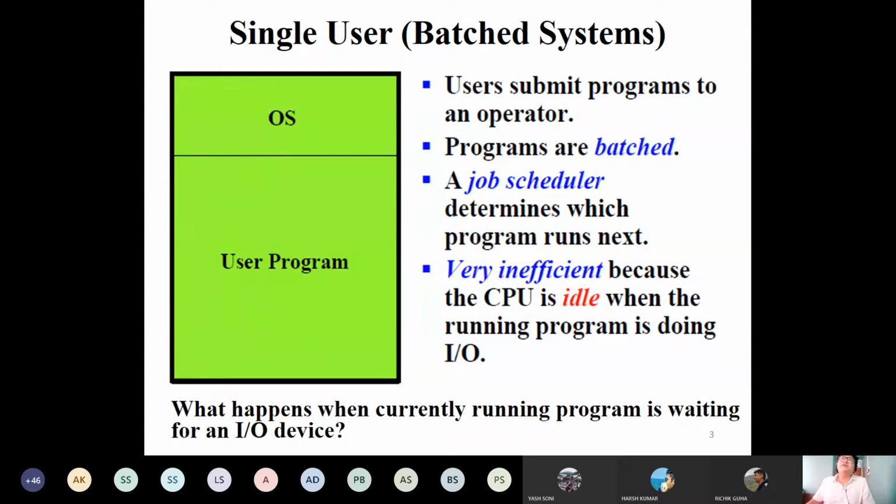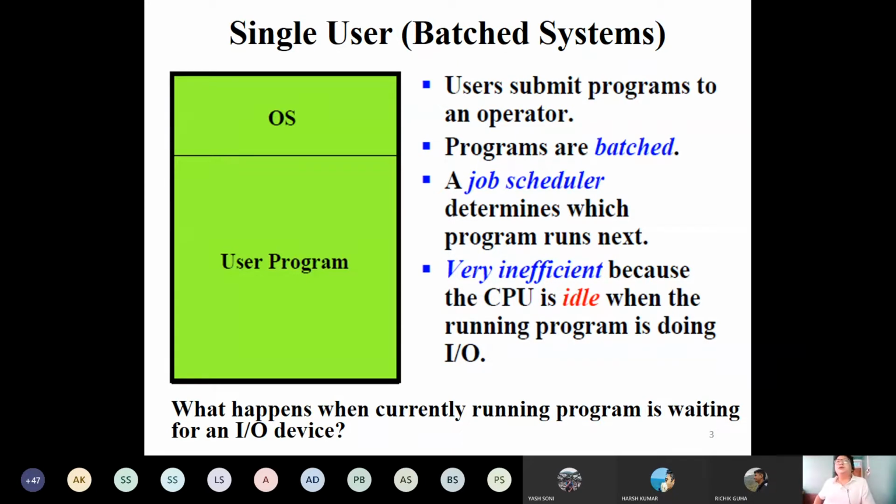Out of so many batches, it will select one batch at a time and put it into the RAM, that is the user program space. So it is the job scheduler program that is responsible for picking up one batch from the secondary storage device and putting it in the main memory.